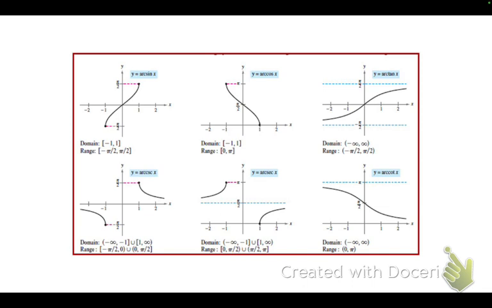Okay, so remember in trig we had to restrict these domains because they're not one-to-one? Like arc sine, sine goes like this. So it's a function, but it's not one-to-one because of that, yes?